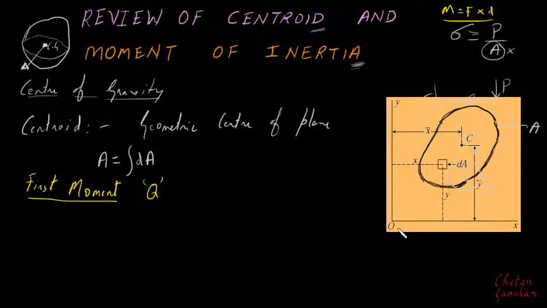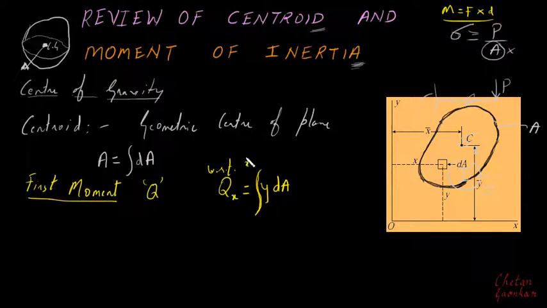Then with respect to the x-axis, I can define this first moment qx as the small area dA multiplied by the perpendicular distance y. And since the area is very small, I will have to integrate it for the entire area. So this is the first moment with respect to the x-axis.